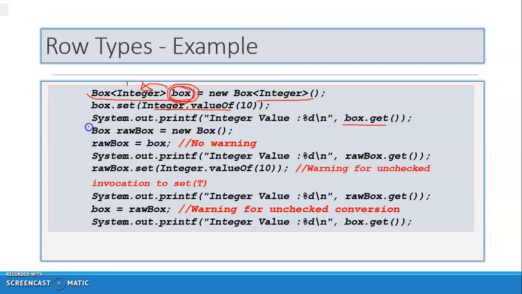But here, look at this statement now. This statement is actually creating an object of a Box, but it's not specifying a box of what type, despite the Box class being generic. There's nothing here. So this is a raw type. So we have created a raw Box. And this has issues that may arise later, because we need to remember to do proper casting.